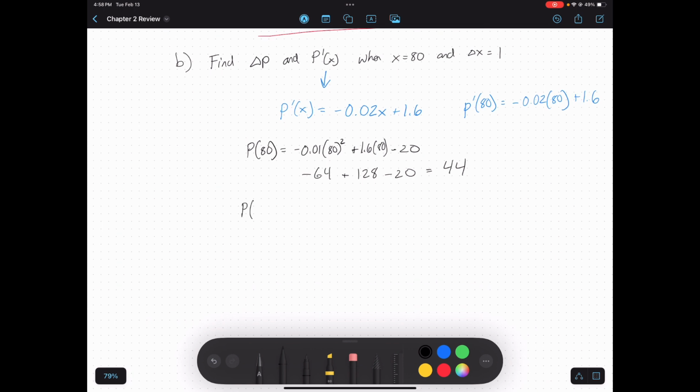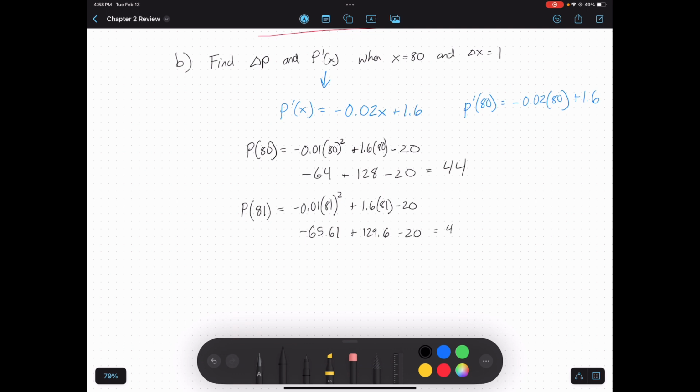And then I need to see what my profit is if I produce just 1 more unit. This involves just me plugging in 81 and seeing what I get. Okay, when I do that first term, I get negative 65.61. When I do that middle term, I get 129.6 minus 20.